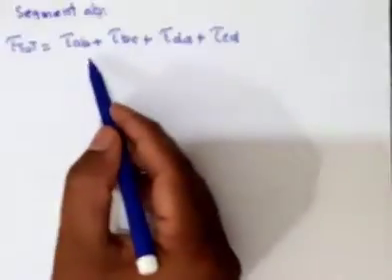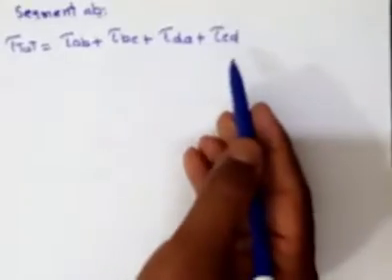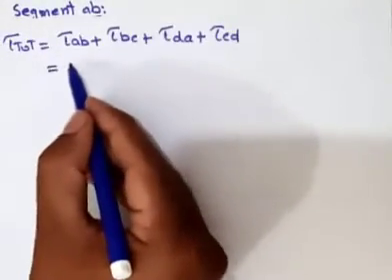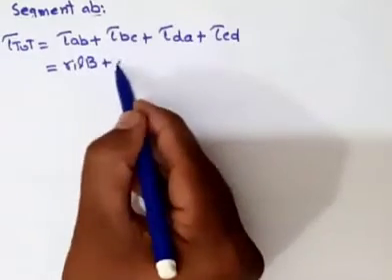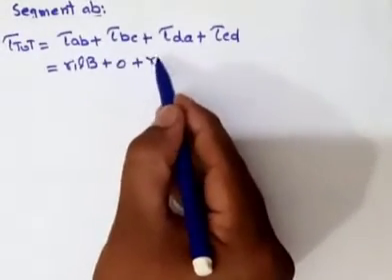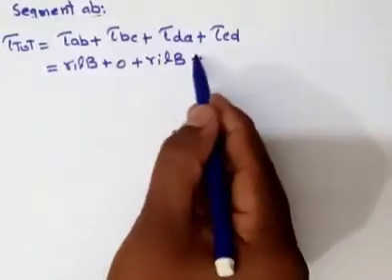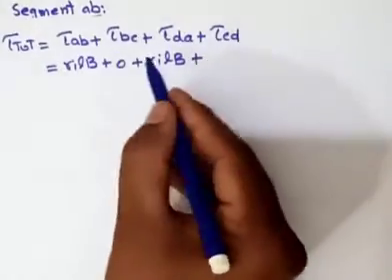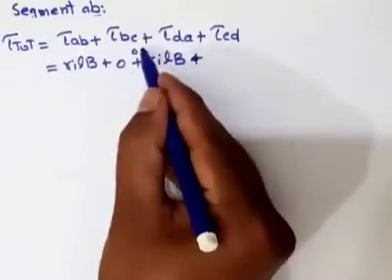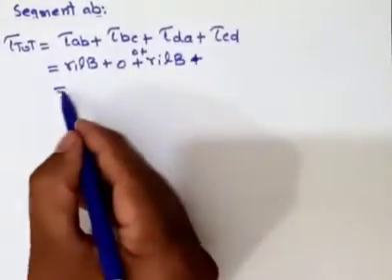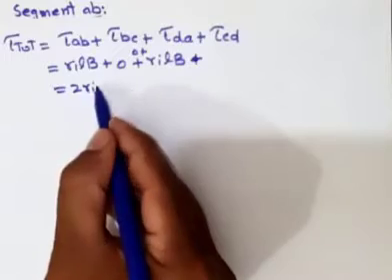Putting the value of tau AB, tau BC, tau DA and tau CD in this equation, we get R I L B plus 0 plus R I L B plus 0 is equal to 2 R I L B.